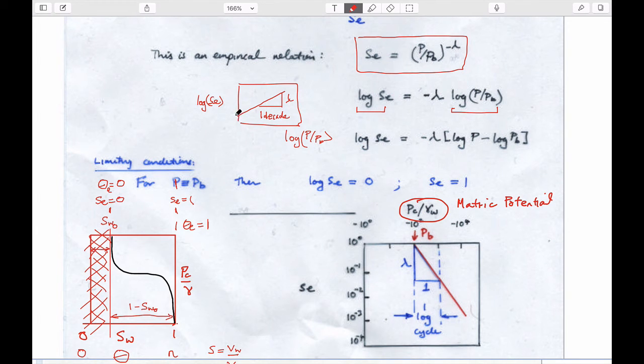And this intercept here would have to be at the logarithm of the effective saturation equal to 10 to the 0. In other words, 1. So in other words, the effective saturation is equal to 1. Right?